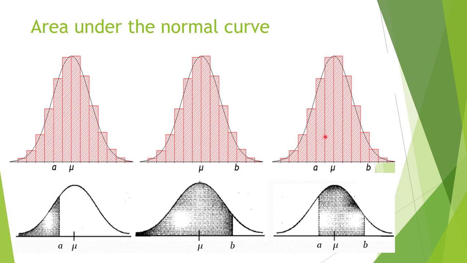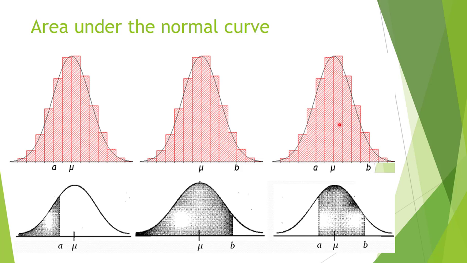Look at those bars in between A and B. This bar, this bar, this bar, this bar, this bar, this bar. If you add all these areas of these bars together, you will be able to find the percentage of scores larger than A but smaller than B.